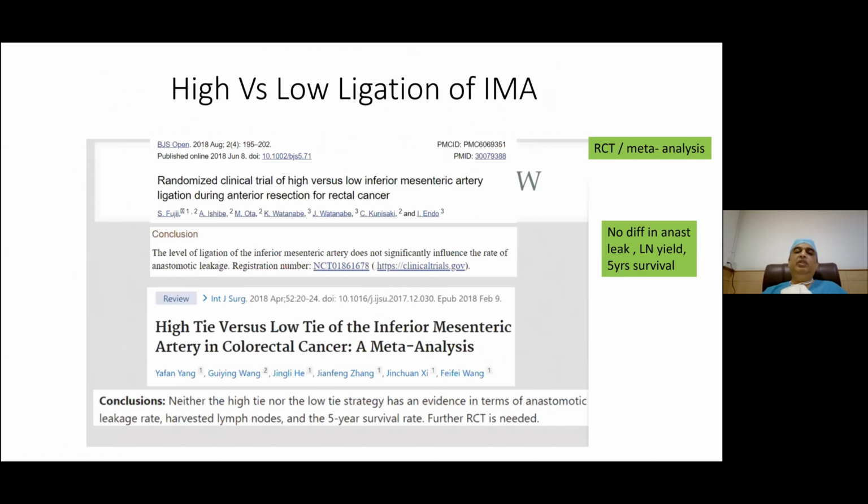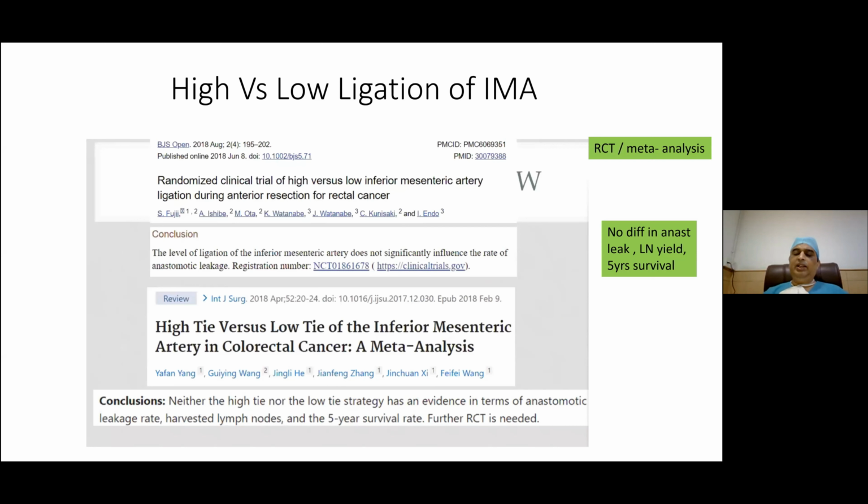Coming to the issue of high versus low ligation, you can see that the randomized trial and meta-analysis have shown there is no difference in anastomotic leak, lymph node yield or 5-year survival if you do a high or low ligation of the IMA. High ligation is important if you are planning an intersphincteric resection or ultra low resection because it improves the ability of the rectal colon to reach the pelvic floor.